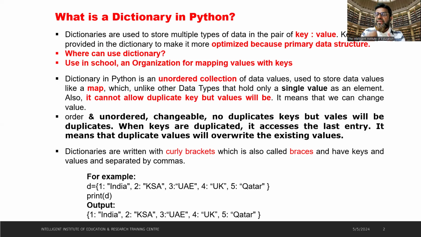Even in universities or colleges, we can access with the help of IDs. So basically the ID is called the key here, and the value is the detail of that particular student.